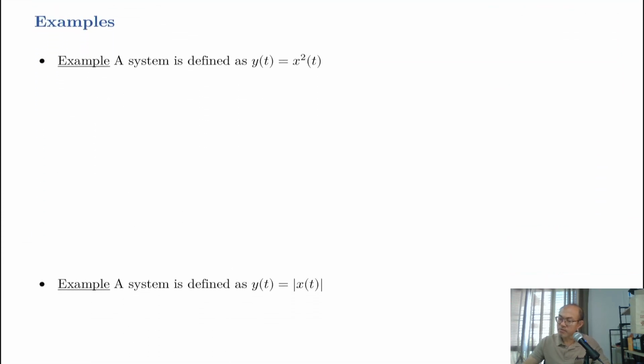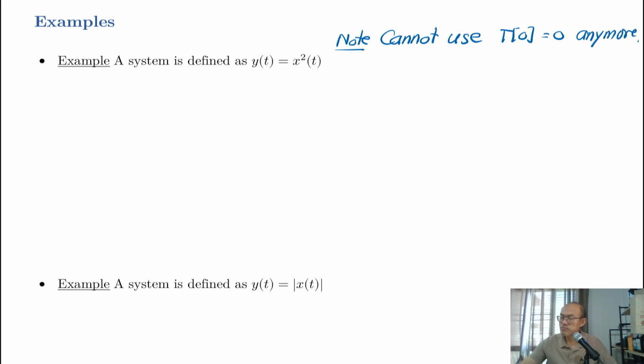Now another example defined by this equation. Now I'm going to show that this system is not linear. Okay, but here in this case we cannot use t0 equal to 0 anymore.